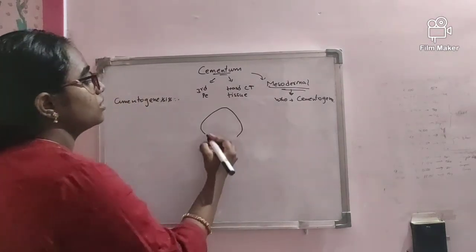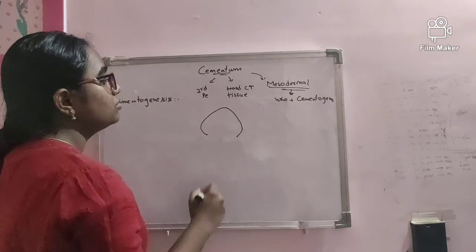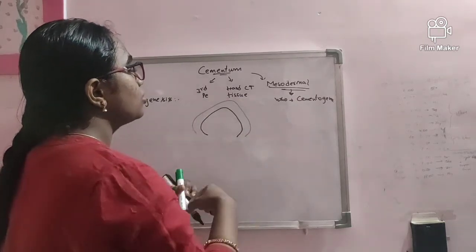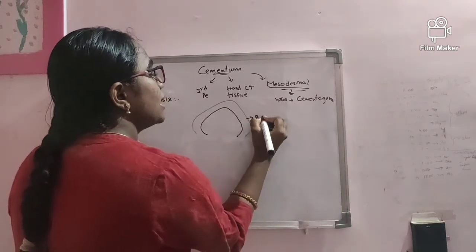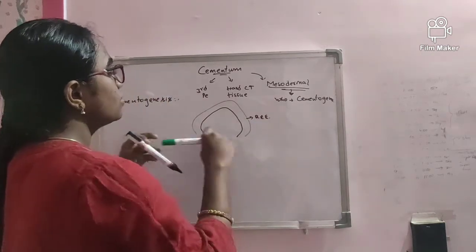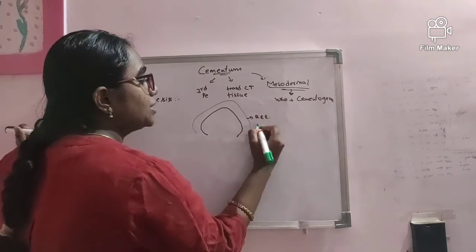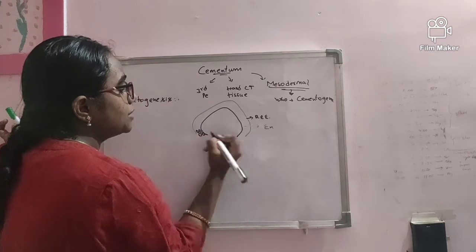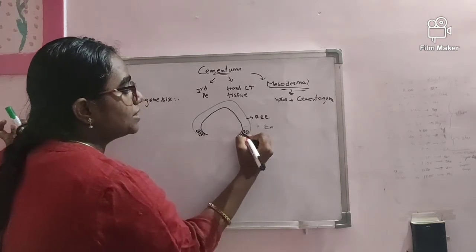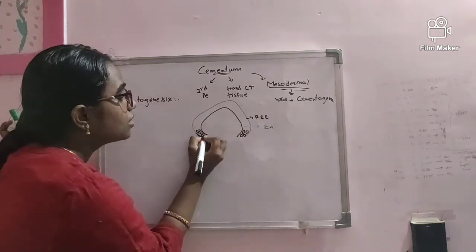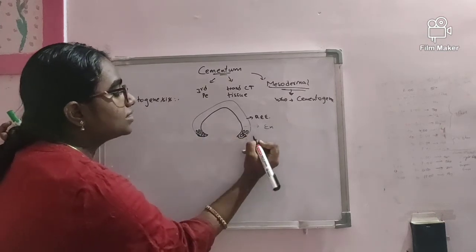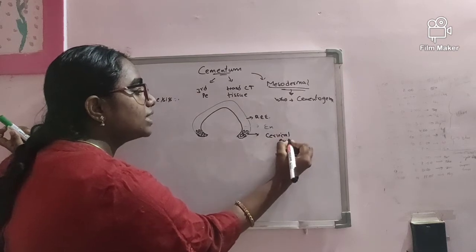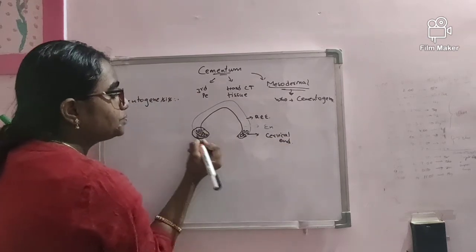This is the crown. Imagine it is a crown. After the completion of enamel and its protective layer called the reduced enamel epithelium, the inner enamel epithelium and outer enamel epithelium combine at the cervical end of the crown and form a loop.